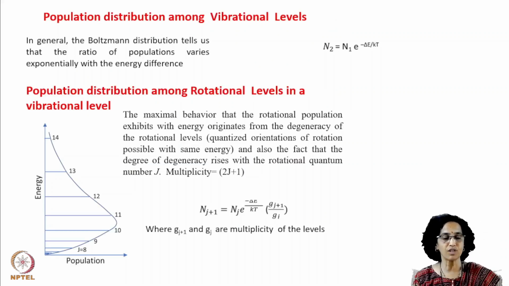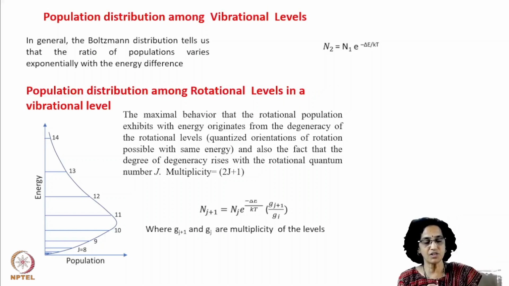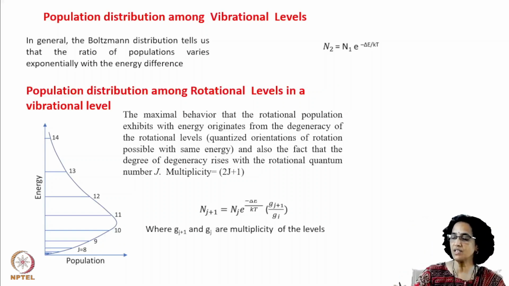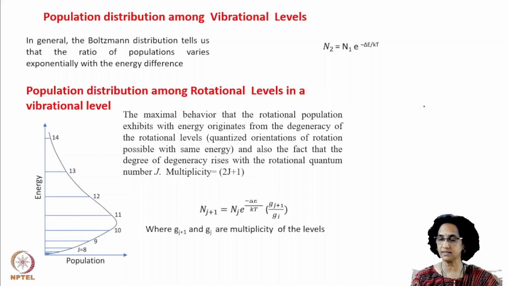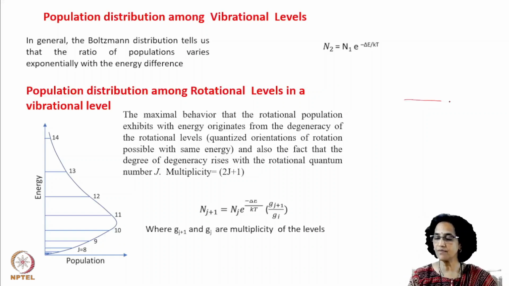But before going to the rotational levels, we should know how population is distributed among various vibrational levels and various rotational levels. Now, vibrational levels, we know if we do not consider anharmonicity, they are equispaced, otherwise they get closer.